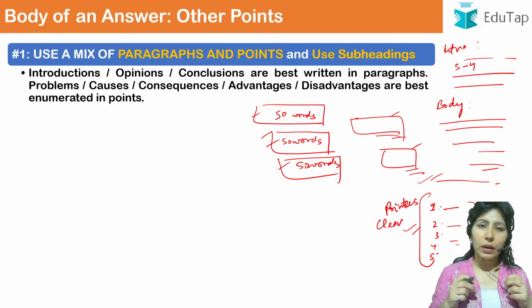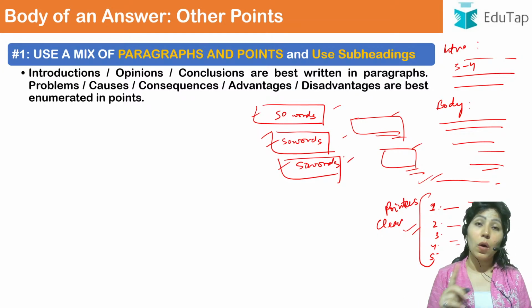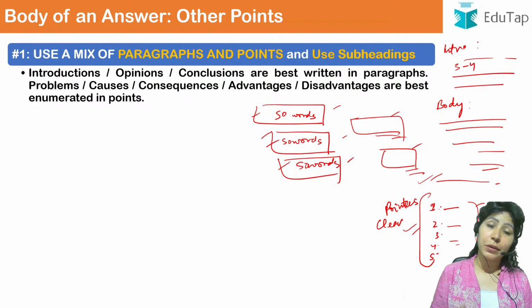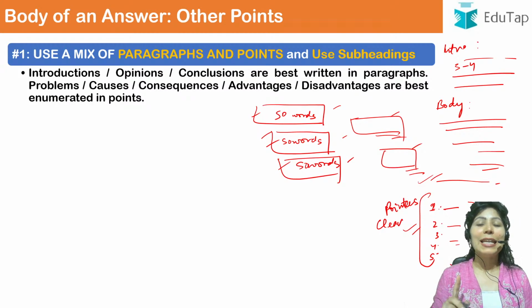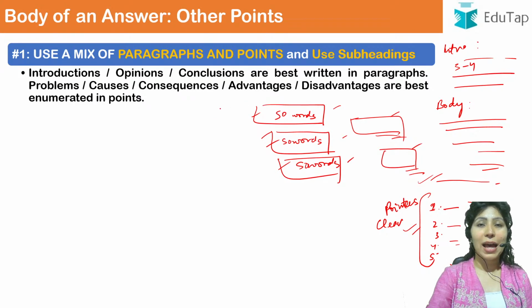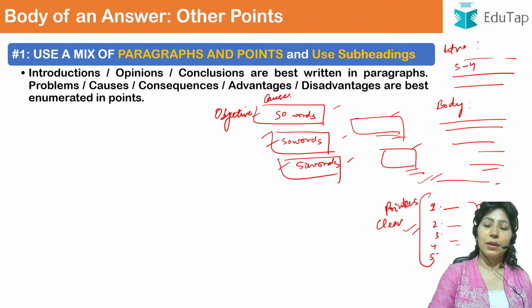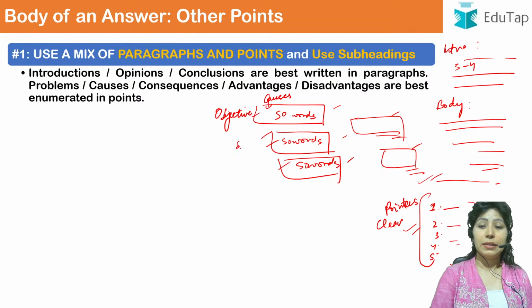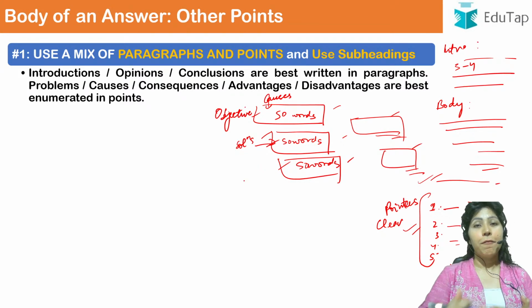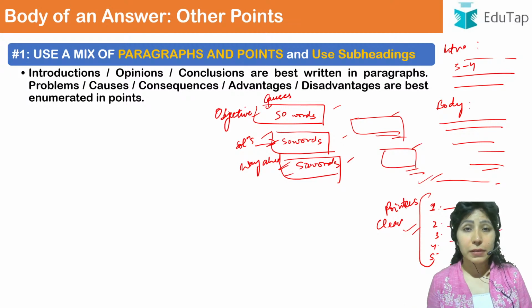Make it very clear that if you're taking this body paragraph approach, if you're not the one who's comfortable with writing in points, then each and every body paragraph of yours needs to have an objective. For example, the causes can be written in body paragraph 1, solutions in body paragraph 2, and the way ahead in body paragraph 3.